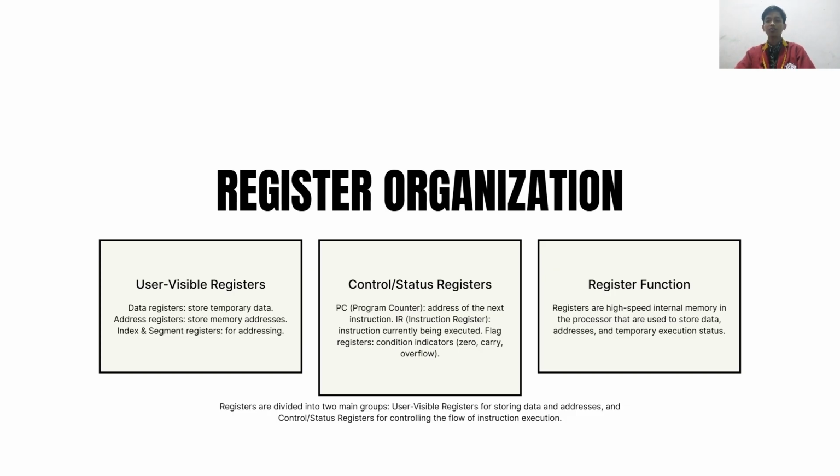The most important ones are the program counter, PC, which holds the address of the next instruction to be executed; the instruction register, IR, which holds the instruction currently being executed; and the flag register, which contains condition indicators, such as whether the result is zero, whether a carry or borrow occurred, or if an overflow happened. These registers enable the processor to make decisions.